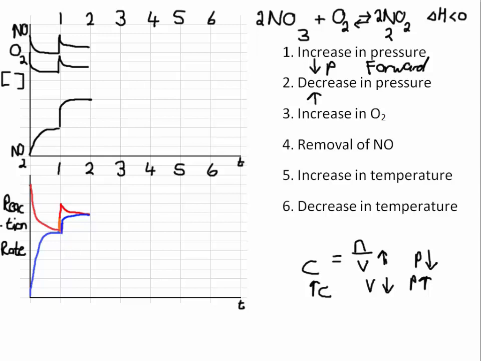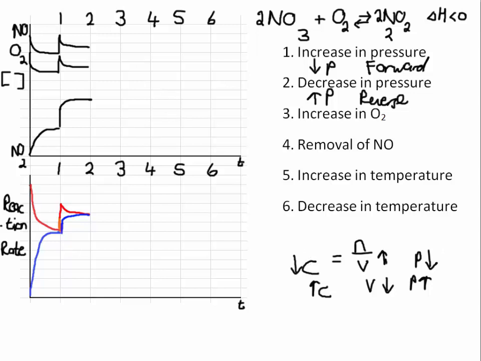Then when we move on, if we have our second scenario, a decrease in pressure, the system will react by trying to increase the pressure, which means that our reverse reaction will be favored. When our reverse reaction is favored, it's important to know what happens. When our pressure decreases, concentration decreases.